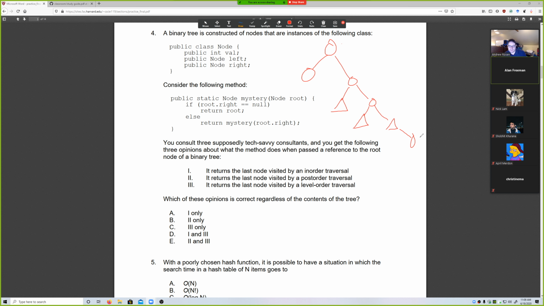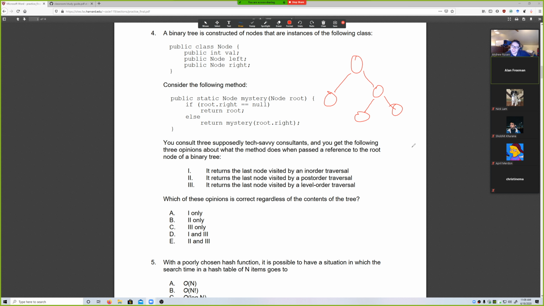So now let's think about this. In an in-order traversal, we'll go through and handle all the stuff on the left, then myself, then all the stuff in my right subtree, and do so recursively.